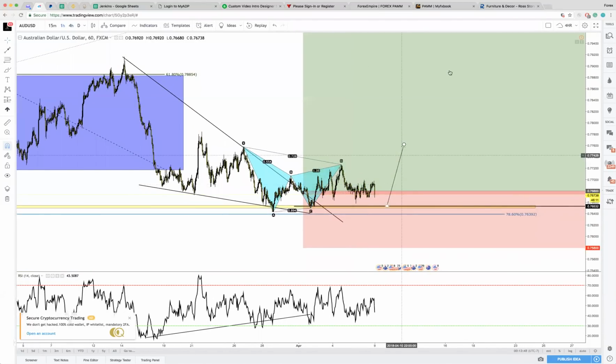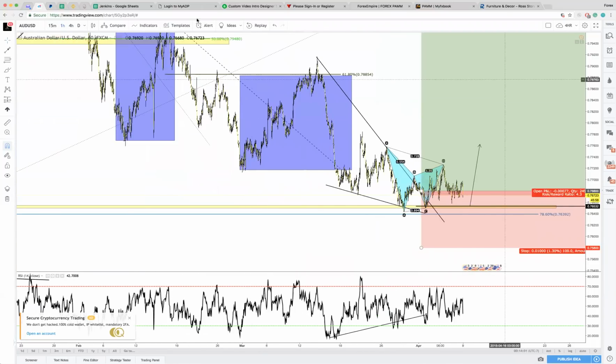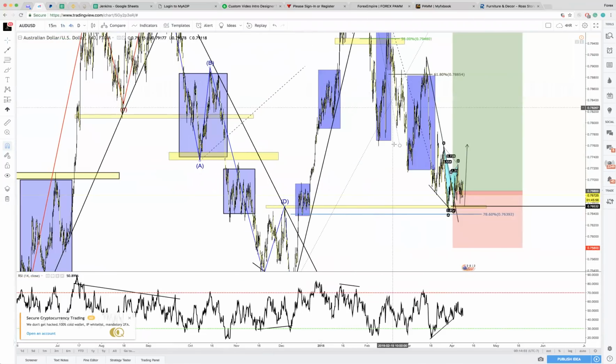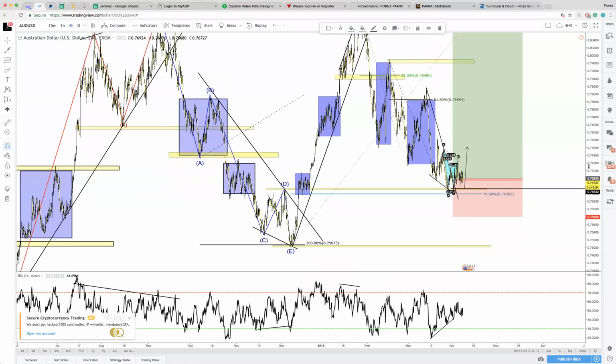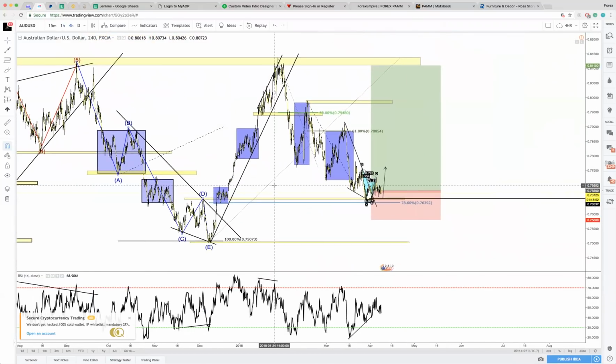After that, we should expect some bullish movement. It's just coming back to finish its harmonic pattern that was created. Once it completes, we can look forward to a nice bullish trend. We are already in a buy from last week, so I'm just going to let it play out and see how it goes.